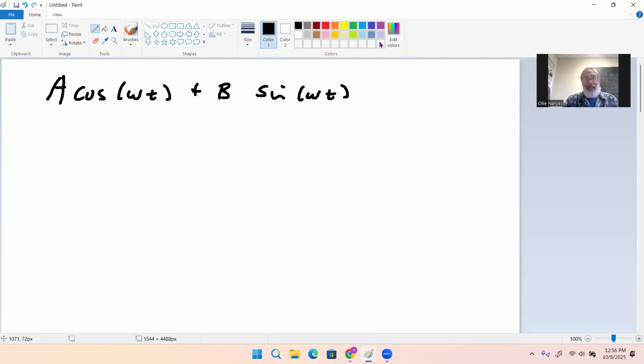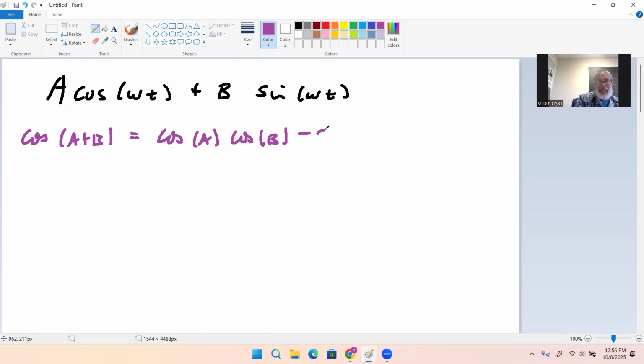Now, there are two formulas, depending on whether you want to write it as a single cosine or a single sine. It depends on which angle addition formula you like. There's one that says the cosine of a plus b is cosine a cosine b minus sine a sine b.